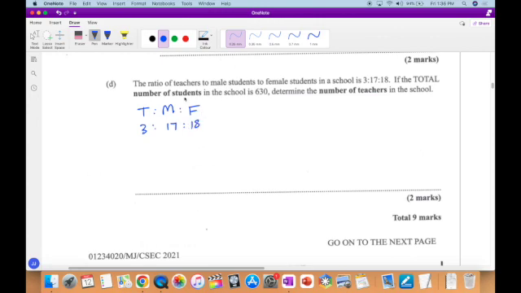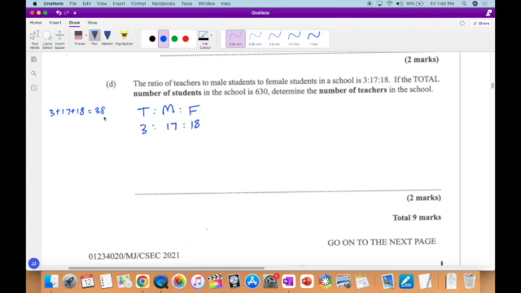If the total number of students in the school is 630, determine the number of teachers in the school. So notice with this ratio here, we have 3. First of all, 3 plus 17 plus 18 is 38.